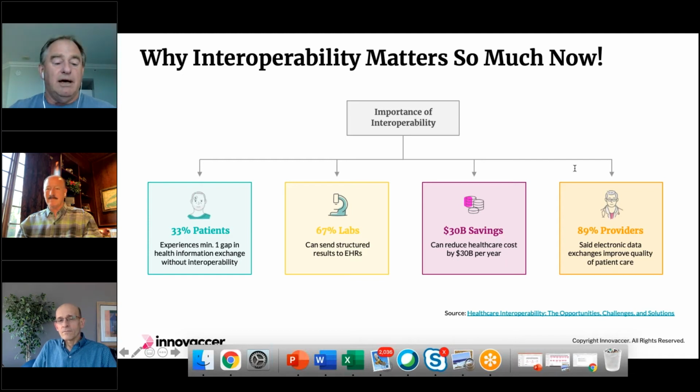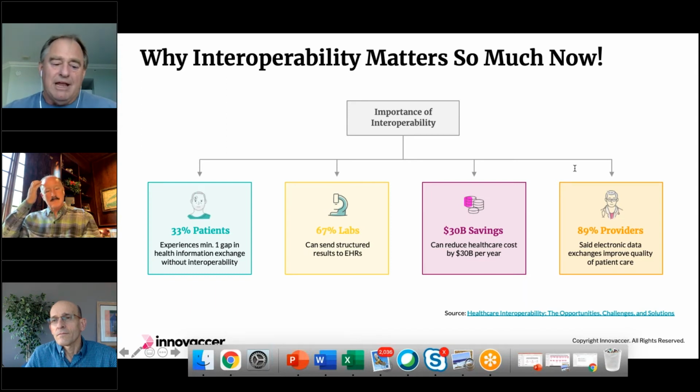Since I'm outside of the Kaiser system, I don't get to see my results until I go see my PCP like a week later. And so when we talk about expectations of consumers, I think that device that we all carry around with us has driven a lot of expectations that healthcare is falling very short of.